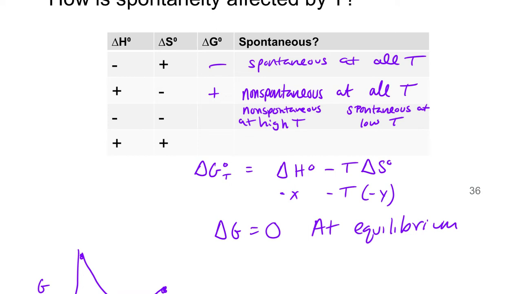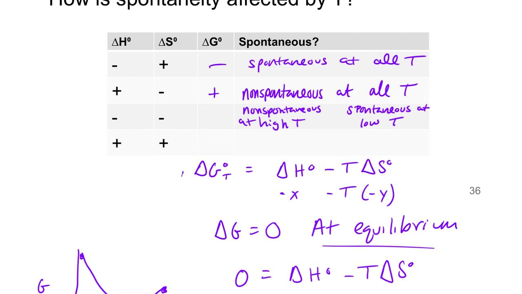If we have a reaction that is no longer spontaneous because it's at equilibrium, we can say that if we set our delta G equals delta H minus T delta S equation equal to 0, we can determine the temperature at which we switch from spontaneous to non-spontaneous.